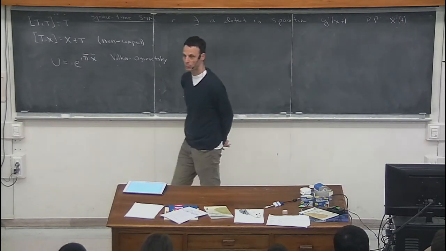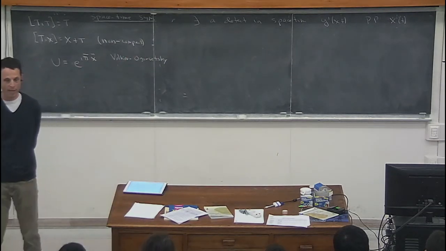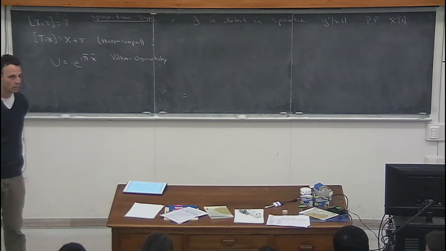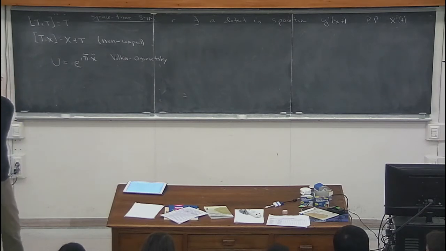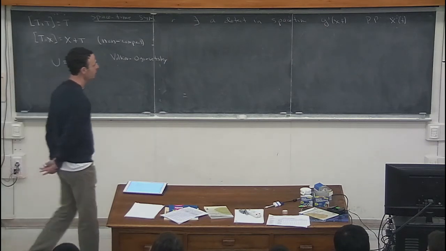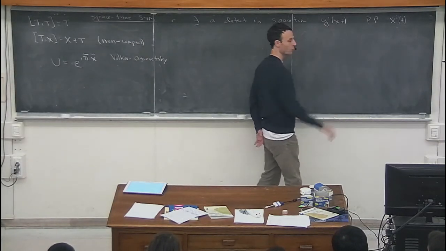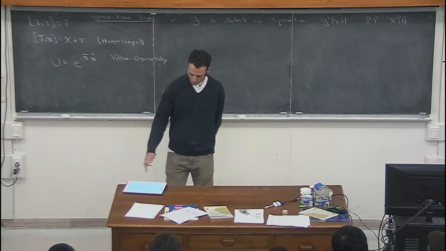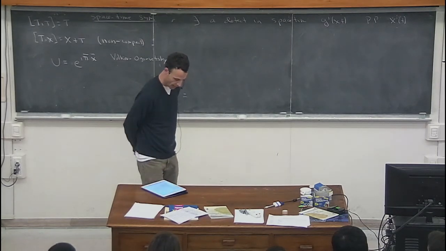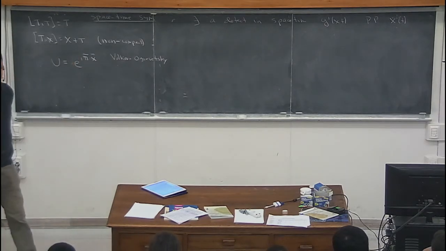If it were a string, for instance, then x would be one coordinate telling you where you are on the string, coordinatizing the string. Or if it's a D3 brane, then this would have more coordinates, and so forth and so on. So we have to coordinatize the defect, and now the defect itself breaks symmetries in general.